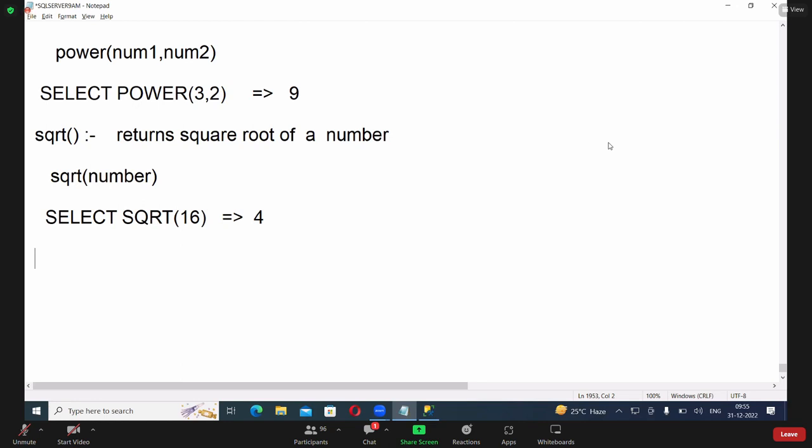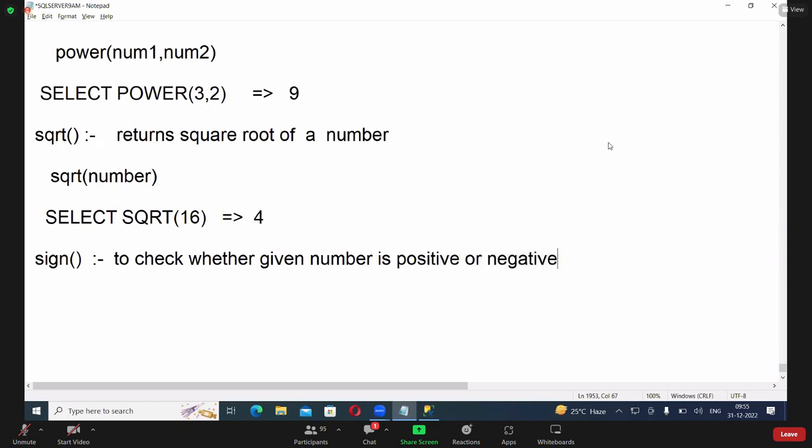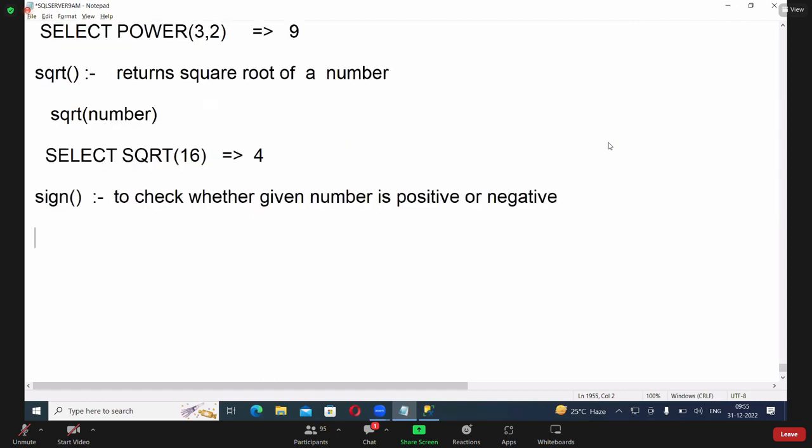Okay, now next, there is one called the sign function. This is to check whether the given number is positive or negative.